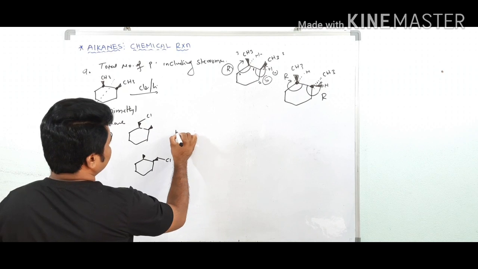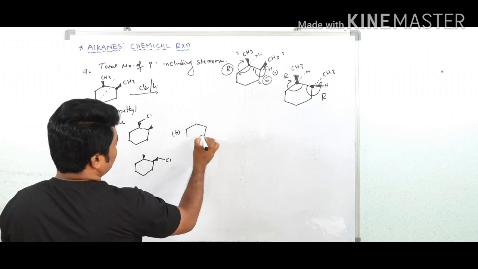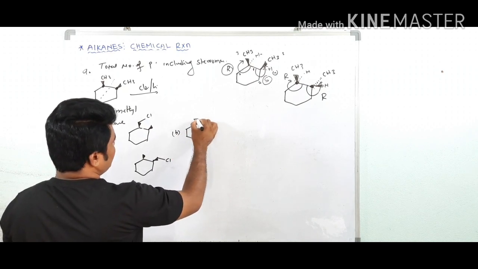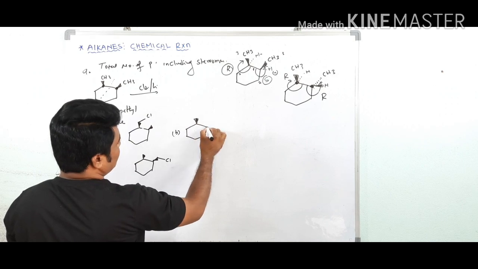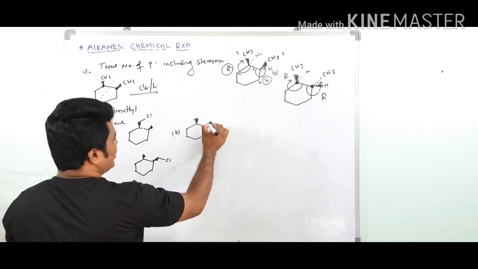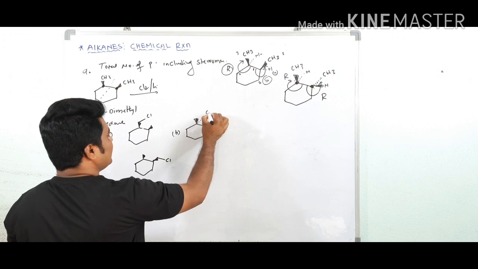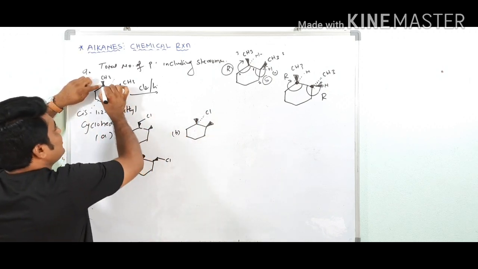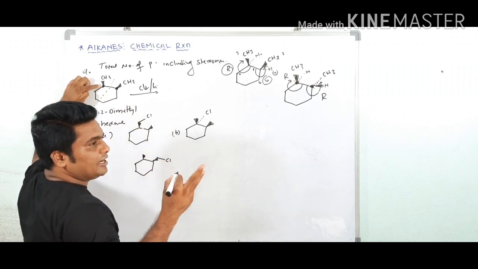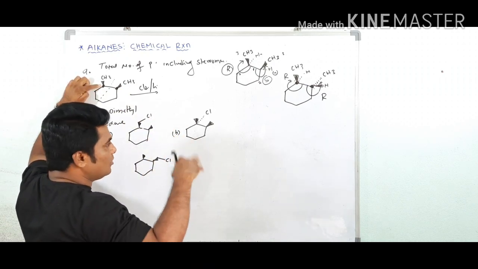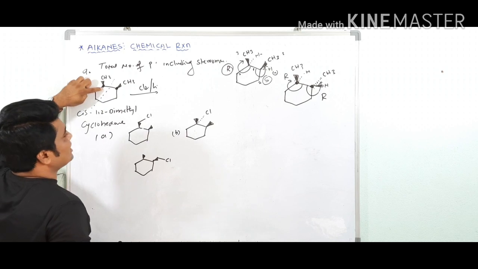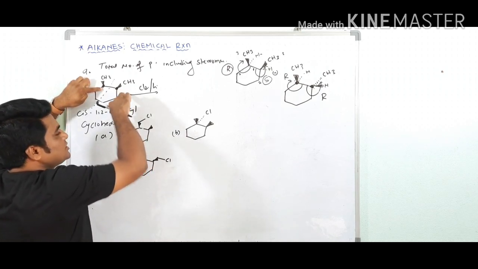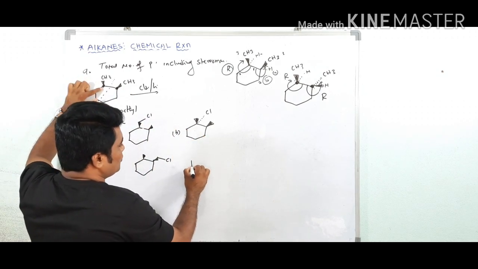Okay, now see B. Here this is above the plane, here above the plane. Chlorination may be possible here. And when the chlorination takes place at this point, the free radical mechanism will take place, sp2 hybridized, it means that chlorine may be below the plane or above the plane. The stereochemistry of this carbon changes, but the stereochemistry of this carbon does not change. So here one more possibility is there.